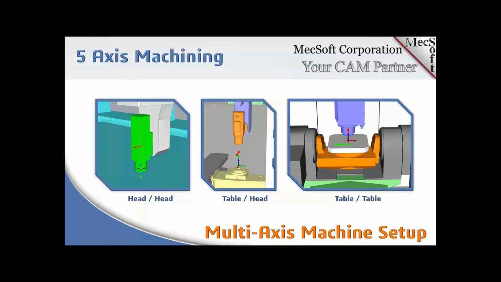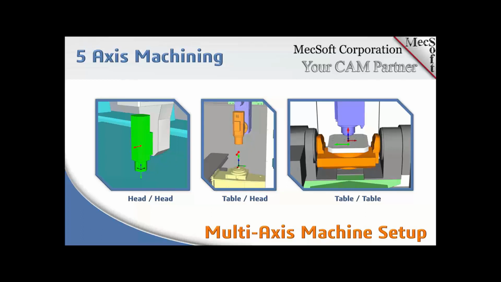Now, when you get to 5-axis, there's 3 different configurations of 5-axis that you can set up your machine for. And all of them relate to where the axes are located on your particular machine. So on the left, we have a typical head-head configuration where the 4th and 5th axis are located in the head of the machine.